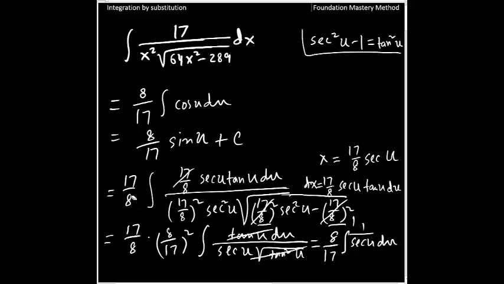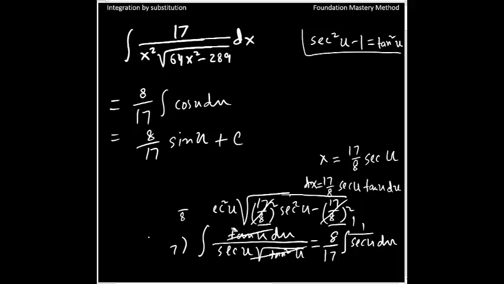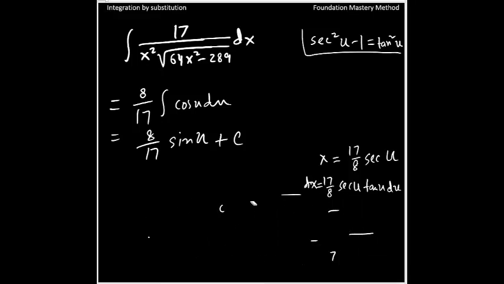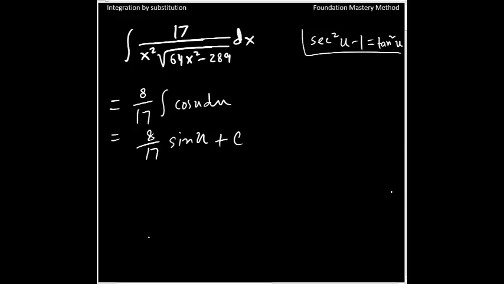Now we need to figure out what sine u is in terms of x. From the substitution, you have seen x equals 17 over 8 secant u. So you can say secant u is 8x over 17, and then I can convert this into a simple form we are comfortable with, just the reciprocal.